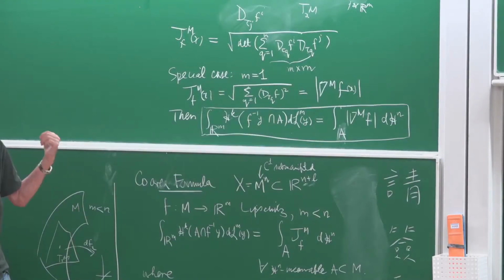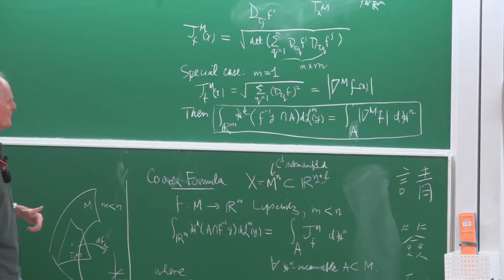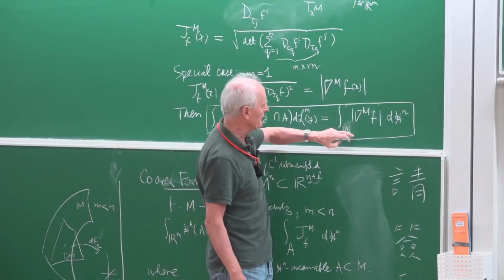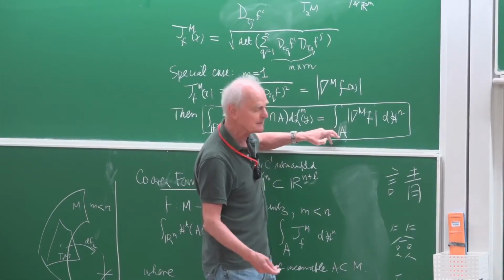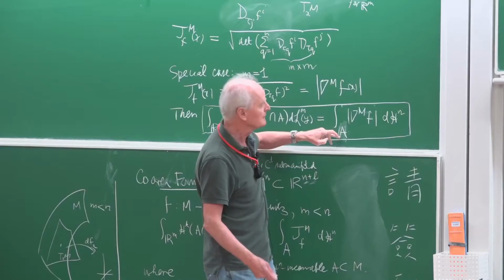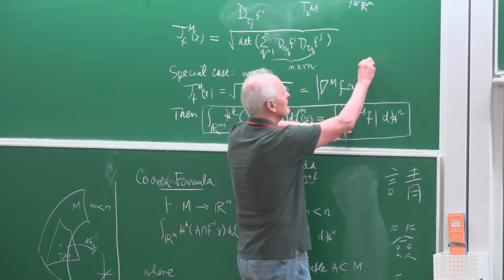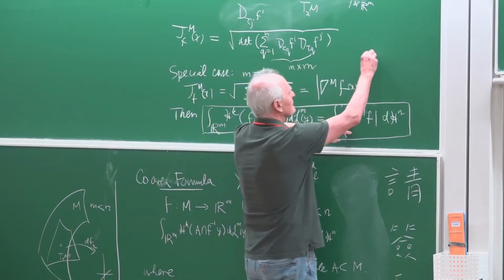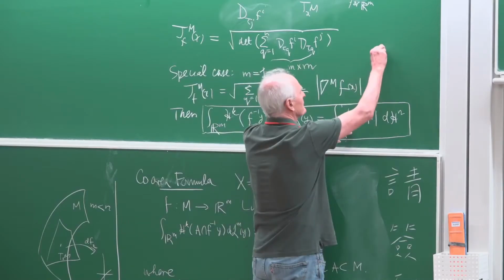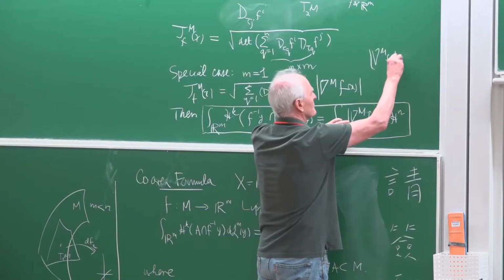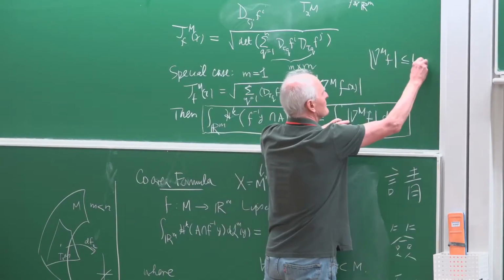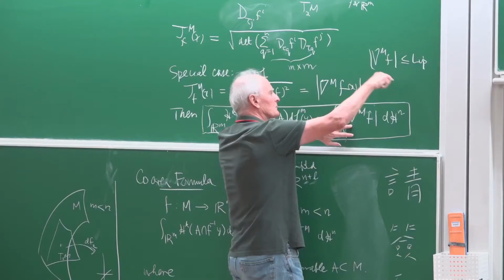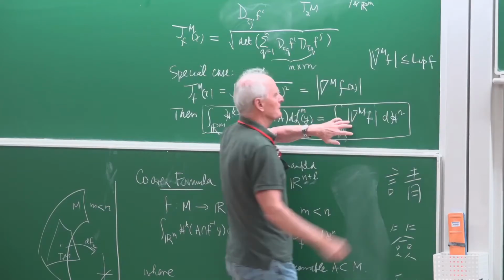For example, as long as this integral is finite, which of course would be the case if A is compact, then this is finite, because remember, grad_M f is less than or equal to the Lipschitz constant of f, because this is defined in terms of directional derivatives, and each of the directional derivatives has absolute value less than the Lipschitz constant by definition.